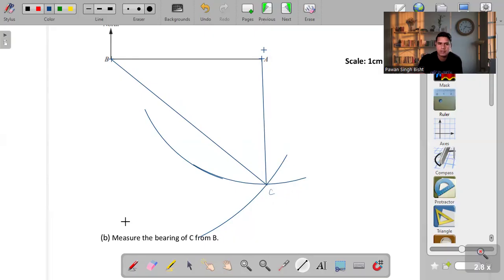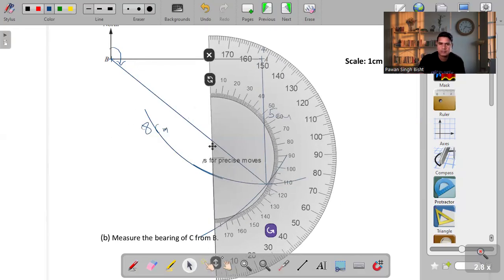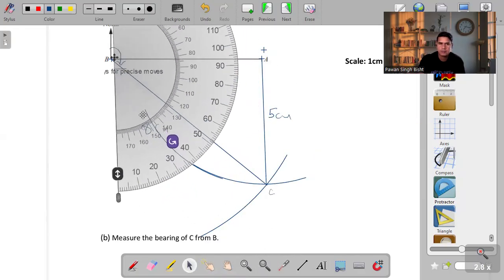So this will be 8 centimeters and this will be 5 centimeters. Okay. Now they say measure the bearing of C from B. So basically you have to measure this angle. You need a compass for this. Okay. So we take your compass and we put it here.